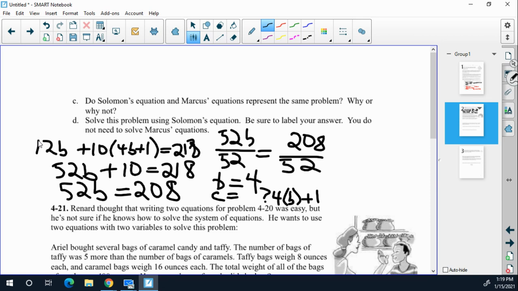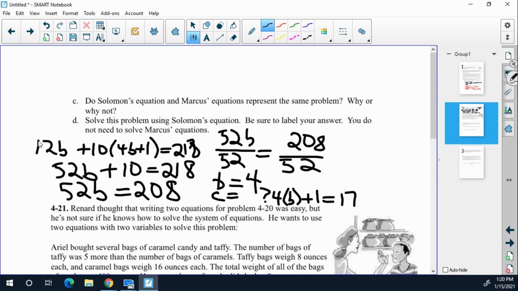Okay? You got the question mark right there. So how many cans did she have? You substitute this 4 in here for B. 17. 17 cans. So 4 times 4 plus 1 is 17 cans.